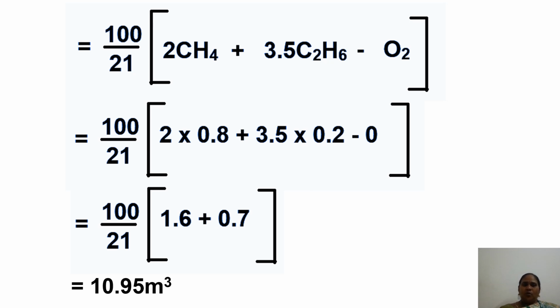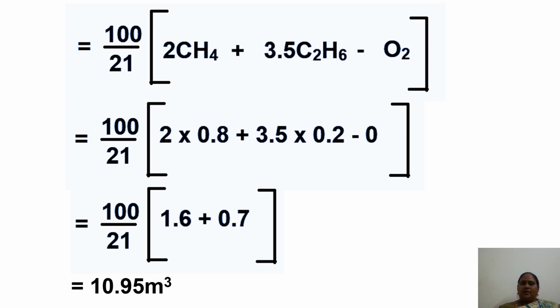And 2 of methane denotes that 1 volume of methane requires 2 volumes of oxygen. Similarly, 1 volume of ethane requires 3.5 volumes of oxygen. So we can write like this.